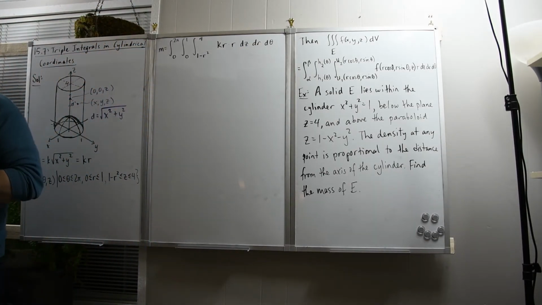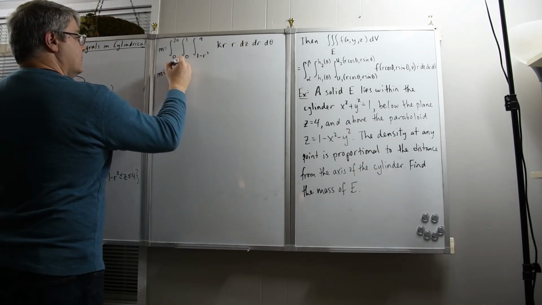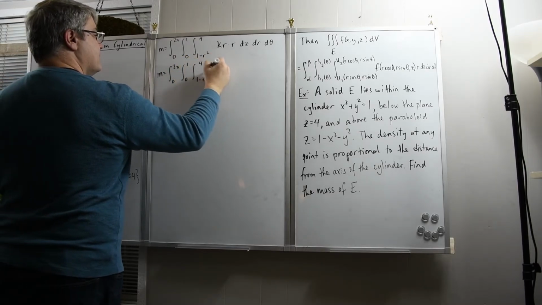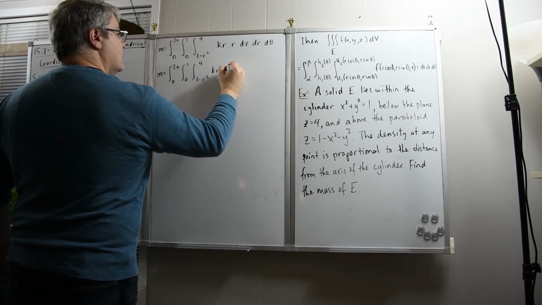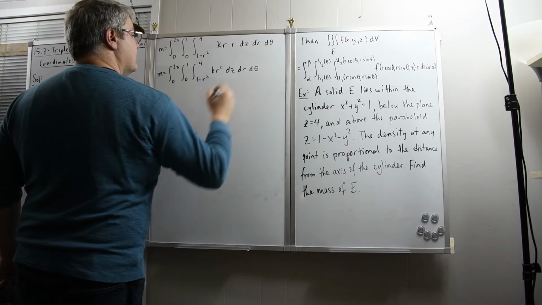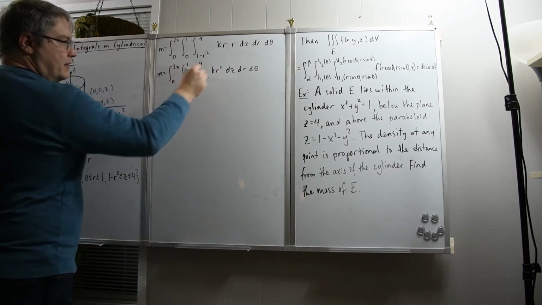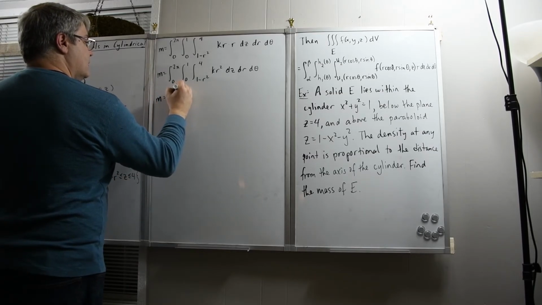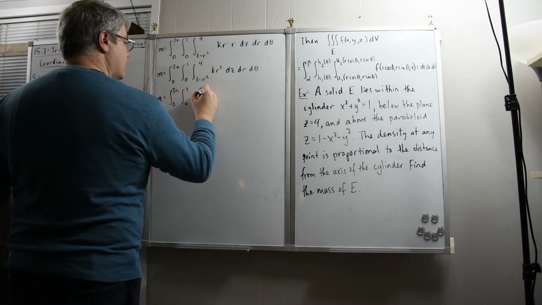And that's going to give us a kr squared that we're going to end up integrating with respect to z. Now, when you integrate kr squared with respect to z, we get kr squared times z.